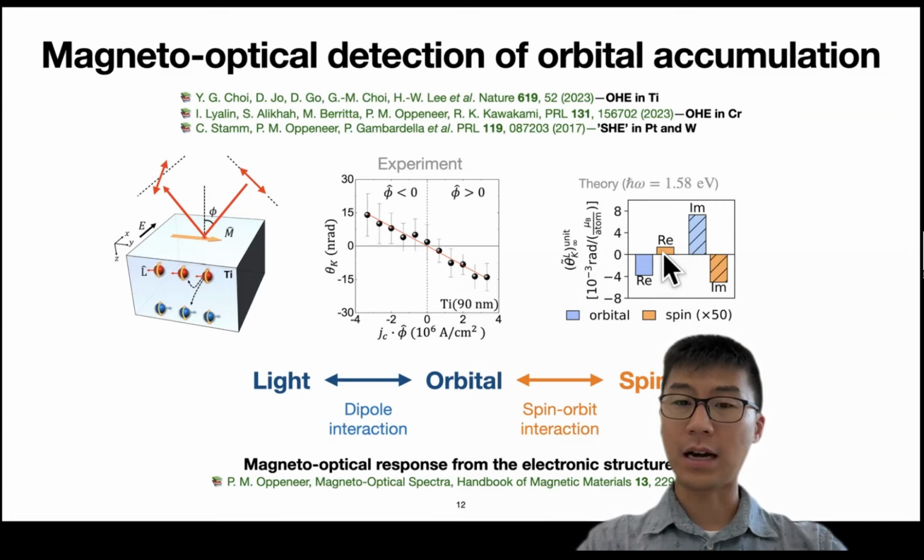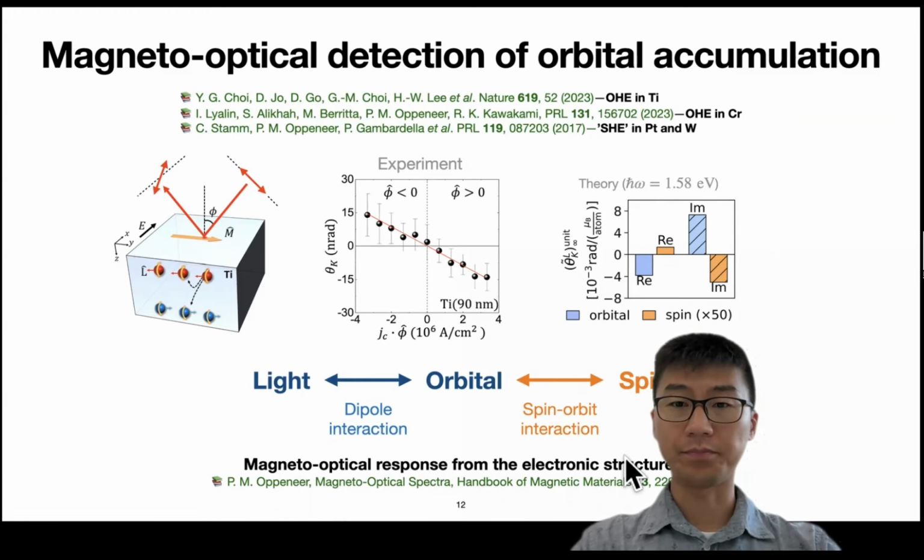So orbital is way more susceptible to light than the spin. And this was in fact already explained in the following book chapter written by Peter Oppeneer in 2001. So magneto-optical response doesn't appear without spin-orbit interaction.